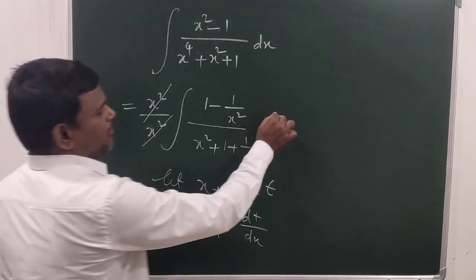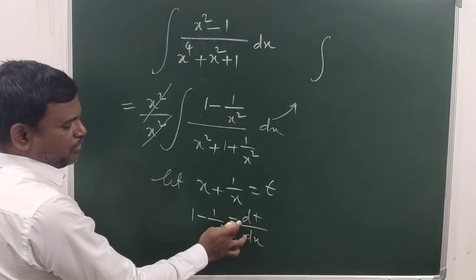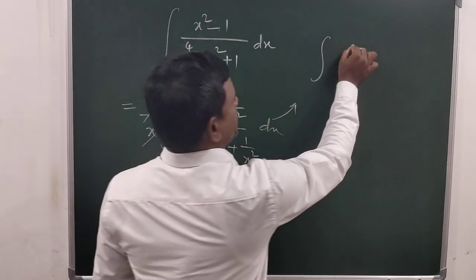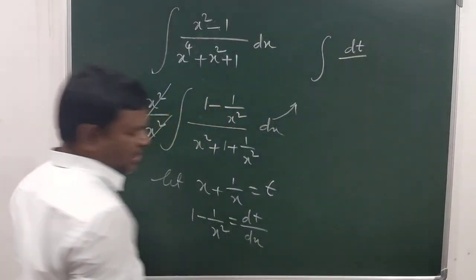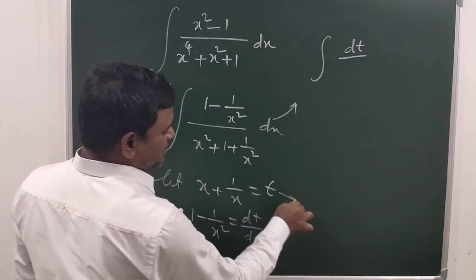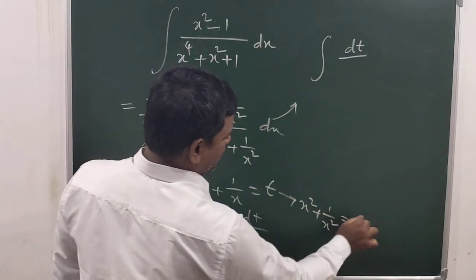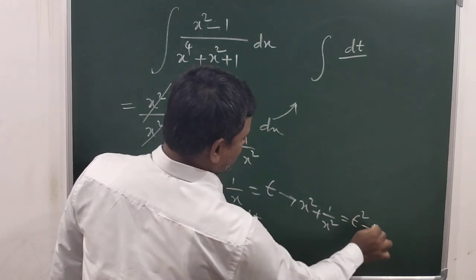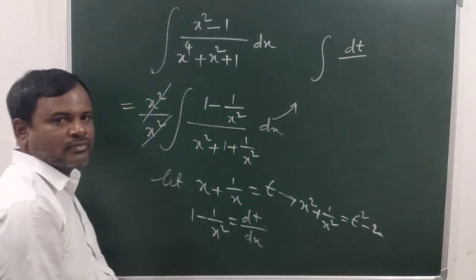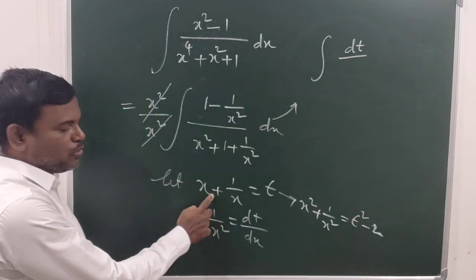So in the next step, in the numerator part you have to write dt. Okay? And come to the denominator, take the square on both sides, so that you will get x square plus 1 by x square equal to t square minus 2. In the previous one you got plus, because there we took minus.